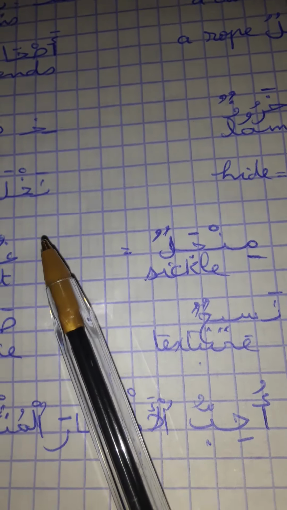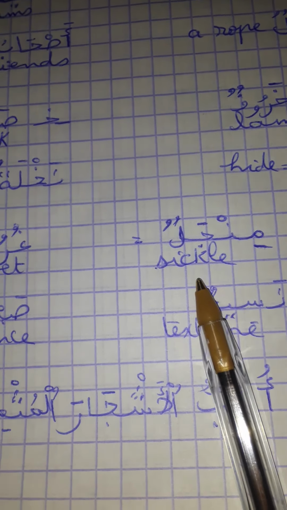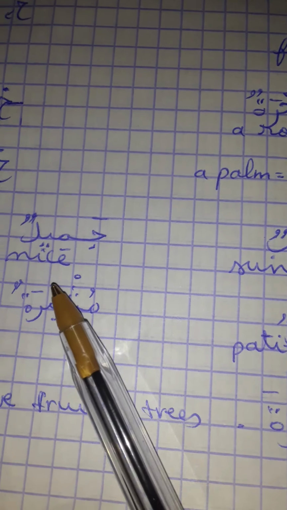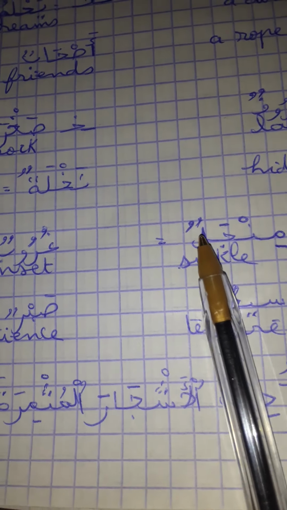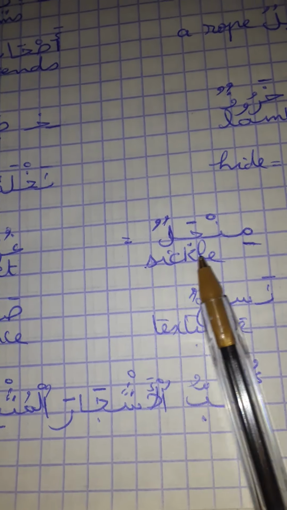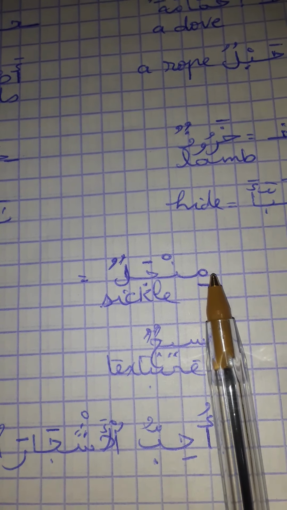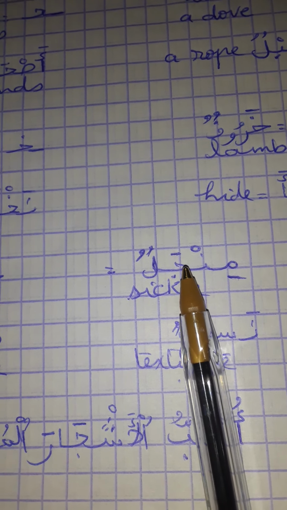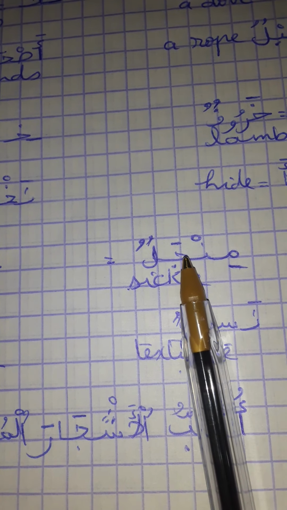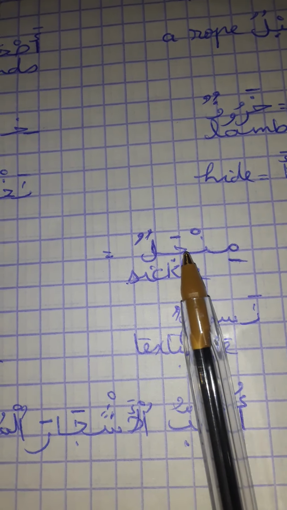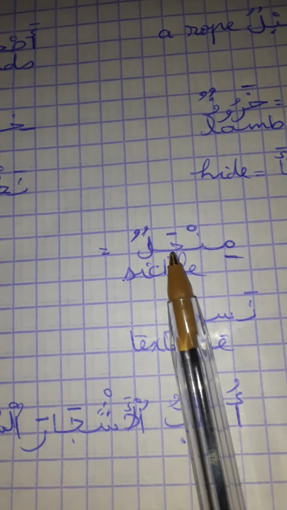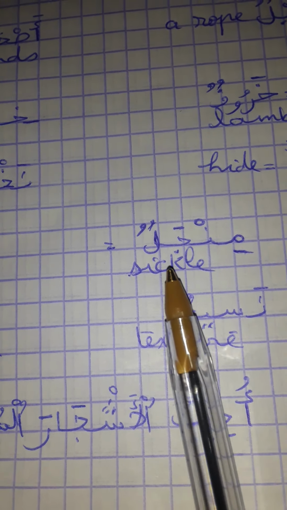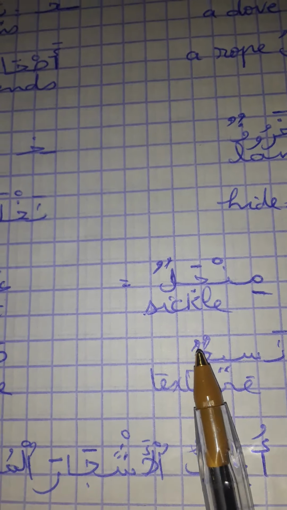And here is a list of some words with these letters in different shapes. Example, min jalun. So you see here the jim in the middle of the words, the letters, sorry, the middle form, a sickle, okay.